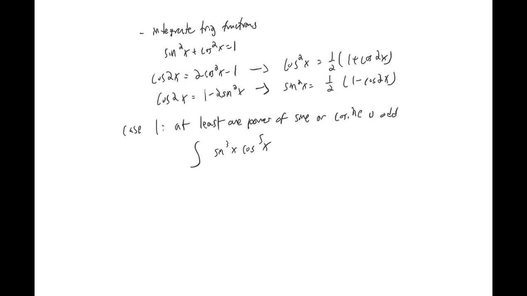You could choose either one, right? So what we do is we reduce that odd power to 1 by changing sine to cosine or cosine to sine, depending on which one's odd. In this case, you could choose either.